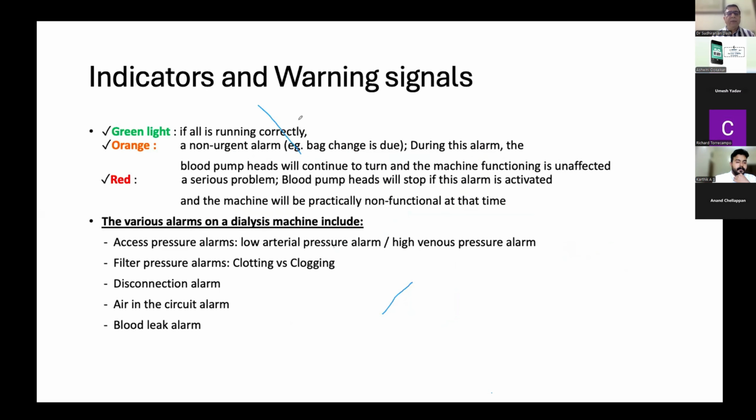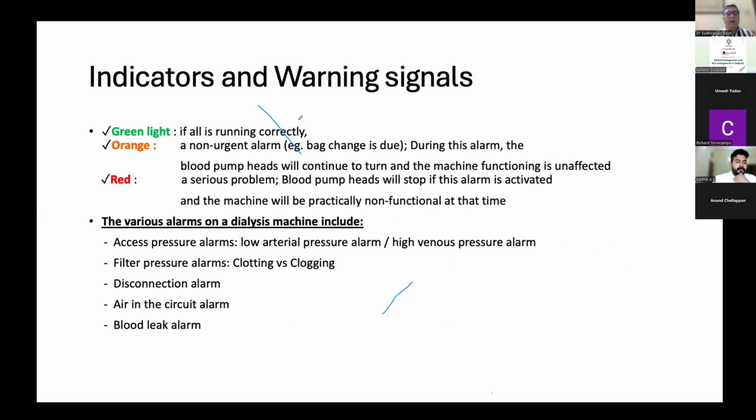Whereas the red light indicates that there are some issues which need to be immediately accounted for. So that's why the red signal light is much more important to see, and then subsequently find out what solution we can apply for that.